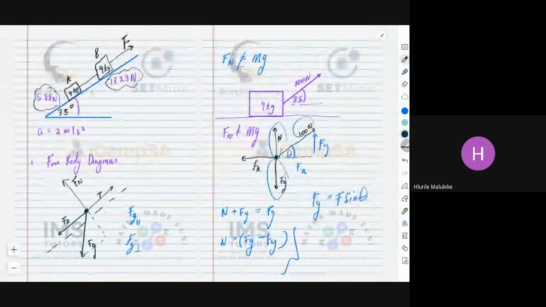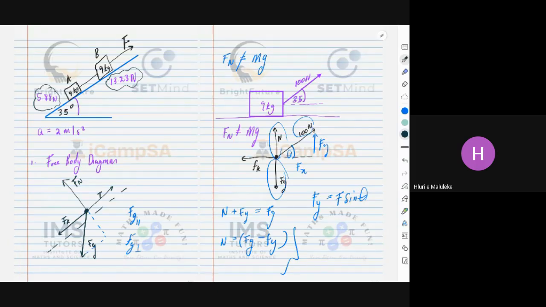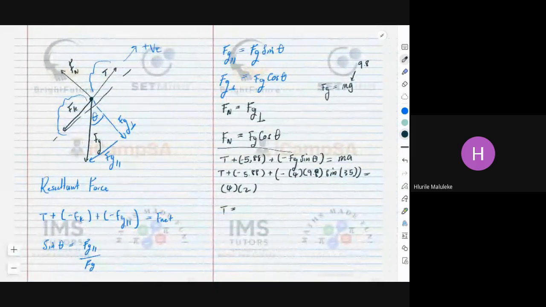Let's make sure I didn't miss any forces. If I miss a force, you should tell me. So now we have something like this. You can say 4 times 2 plus 5.88 plus 4 times 9.8 sine 35, right?